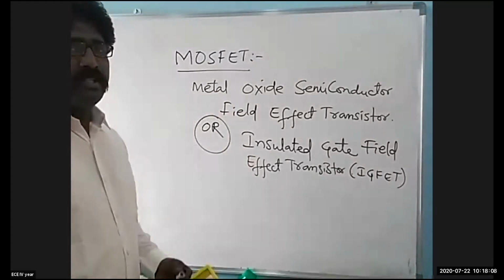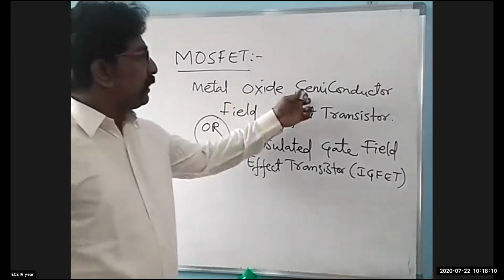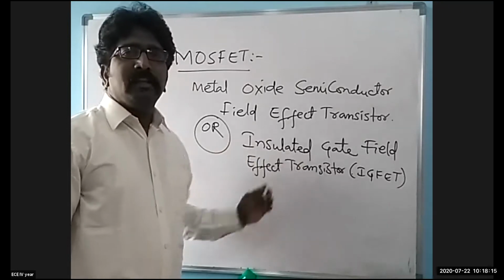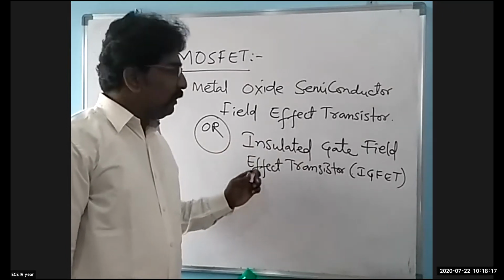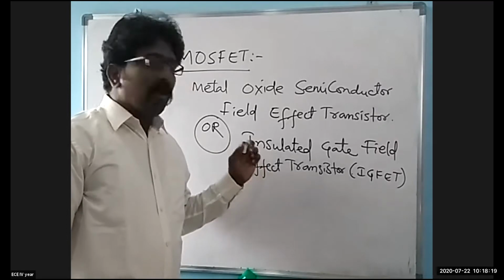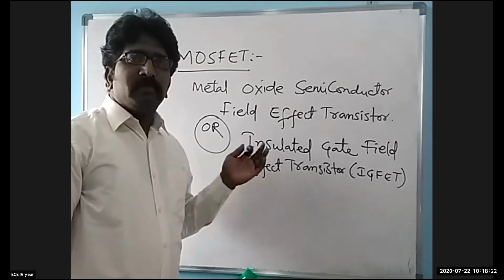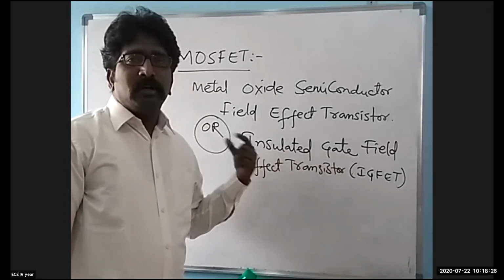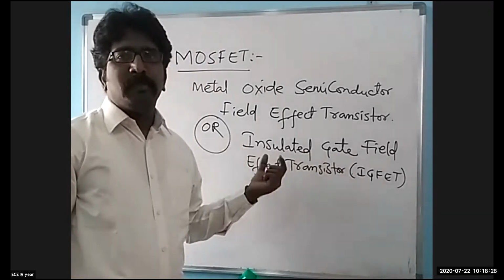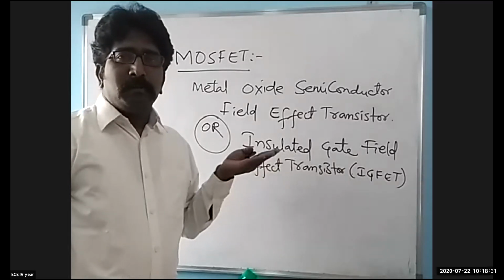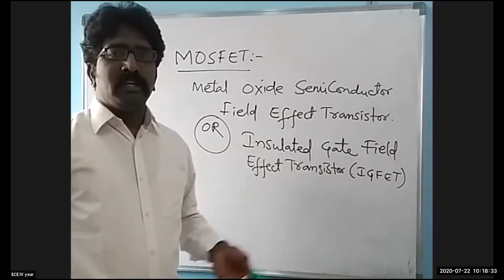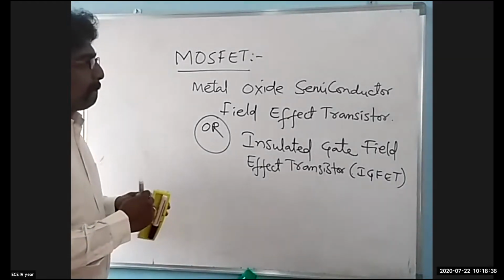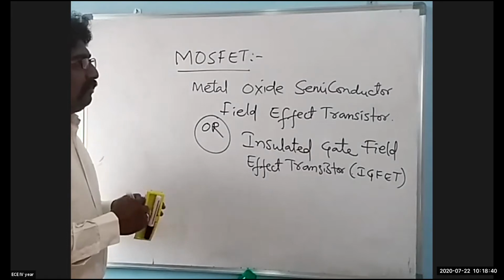So MOSFET means metal oxide semiconductor field effect transistor, and the other name for the MOSFET is insulated gate field effect transistor. Why do we call it insulated gate? Because while doing the fabrication process of the gate terminal, we use insulating oxides. Oxides will be there below the gate terminal. That's why it's called an insulated gate field effect transistor.